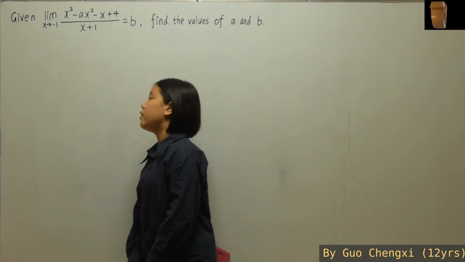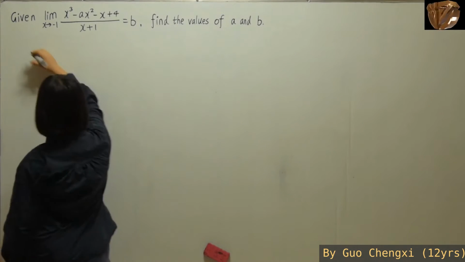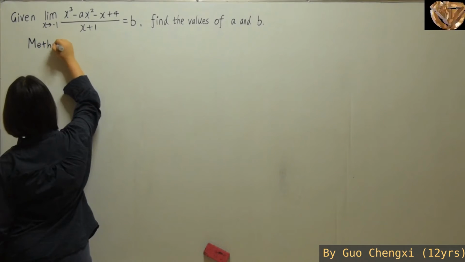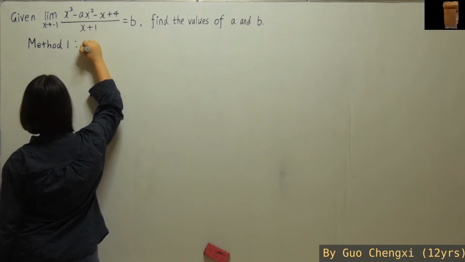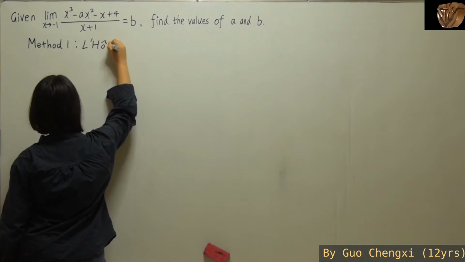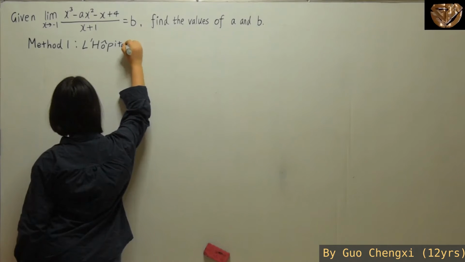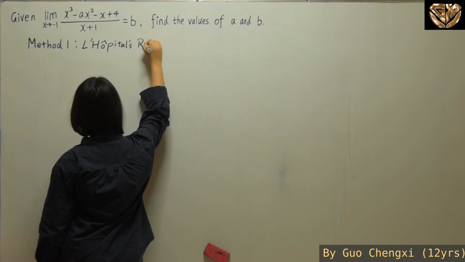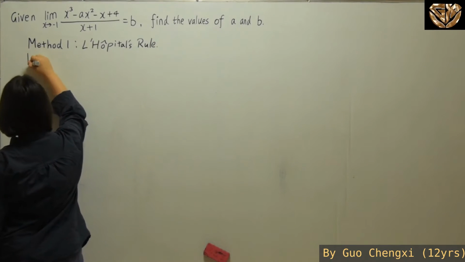Just like other lessons thus far, we are going to use three methods. Let's start off with the first method. Method 1 is going to be L'Hopital's rule. First I'll copy down the question.